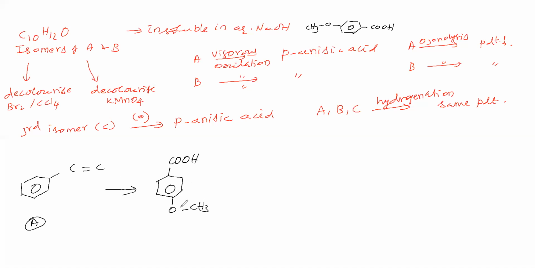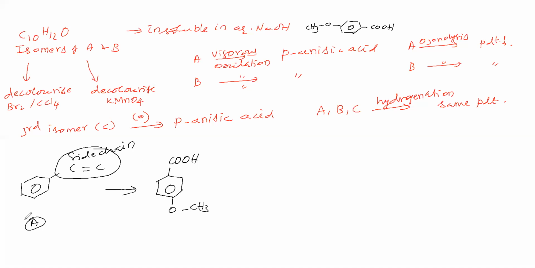That means here the side chain can be anything, and the side chain will convert into carboxylic acid on vigorous oxidation. That means this ether is not undergoing oxidation. Ether does not go for oxidation.